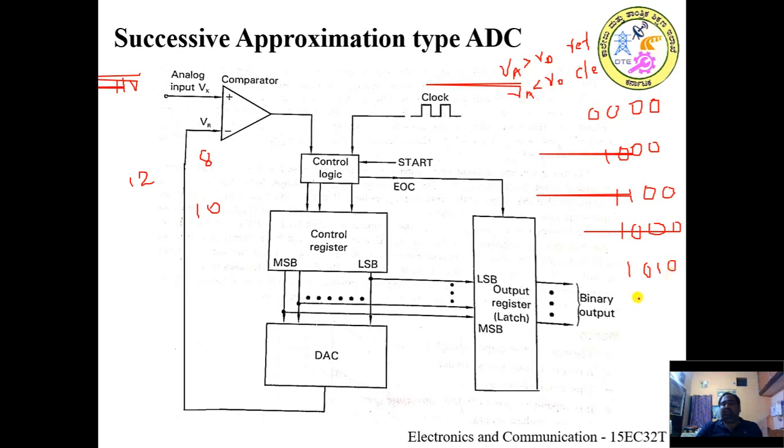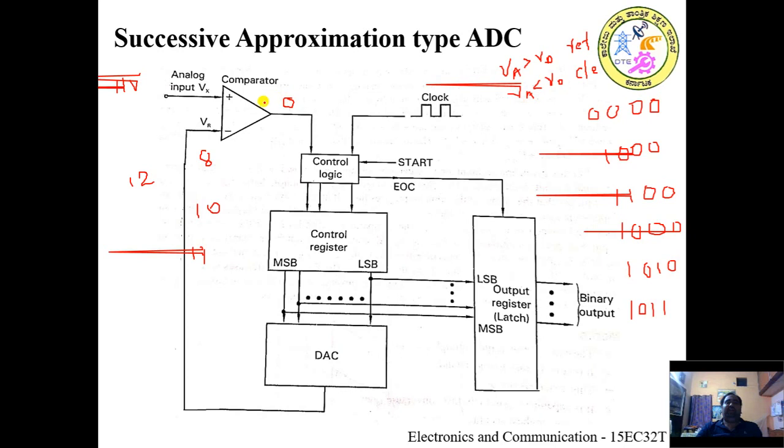So now the control register value becomes 1011. If it is converted into an analog equivalent value, 1011 will become 11 volt. Now these 11 and 11 are compared here. Whenever these two are compared, the comparator output will give you a value 0.